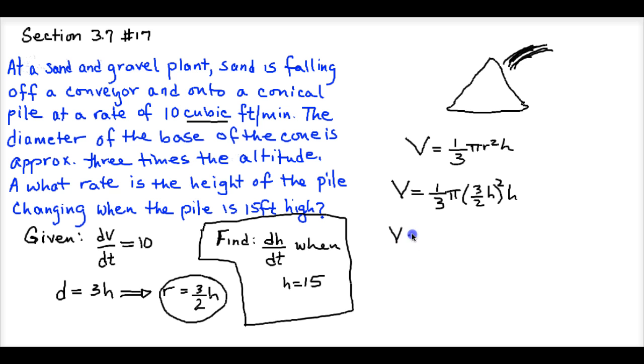Simplifying this, we get 1/3 pi times 9/4 h squared times h, and multiplying everything together, I can cancel the 3: 3 goes into that 1 time, and 3 goes into 9 3 times, so I'm left with 3 pi over 4 times h to the 3rd power.